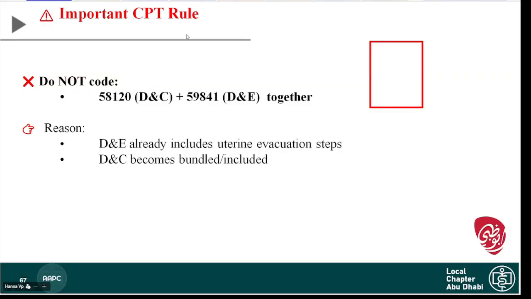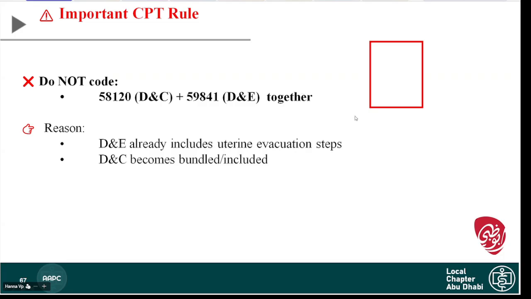I already told you dilation and curettage. Dilation and evacuation is a kind of procedure we use to remove the products of conception from the uterus. So, do not code 58120 D and C plus 59841 D and E together.